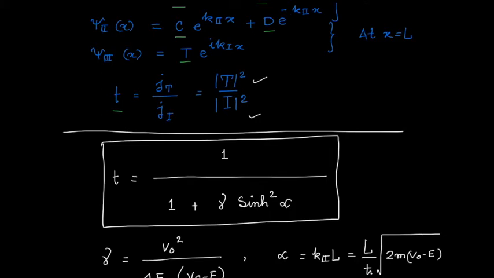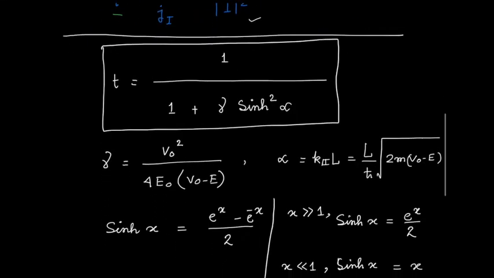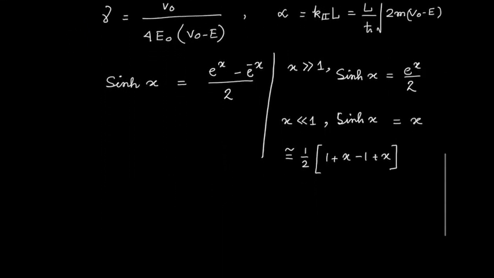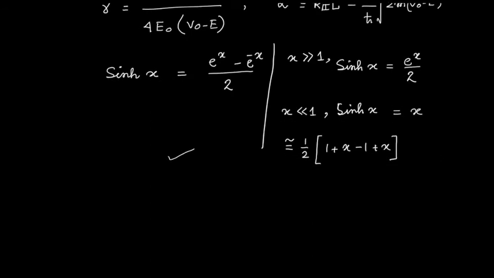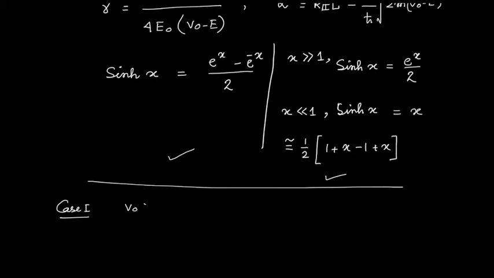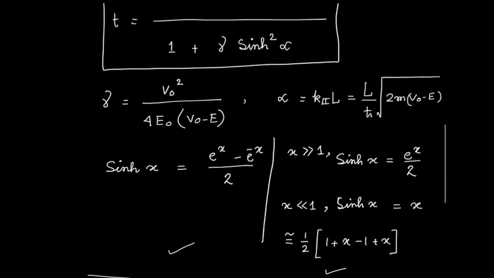So let us consider two extreme cases, which involve the value of x here. Let's say case 1: V0 is much greater than E and alpha much greater than 1. Alpha much greater than 1 corresponds to x much greater than 1.